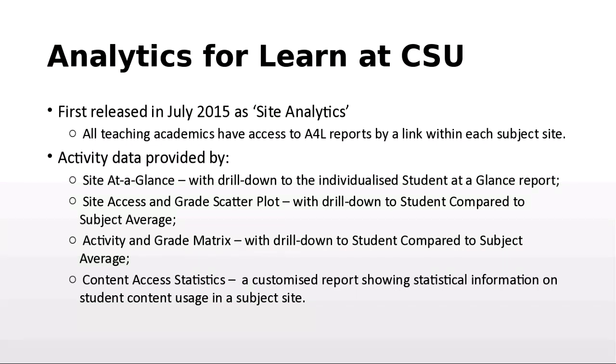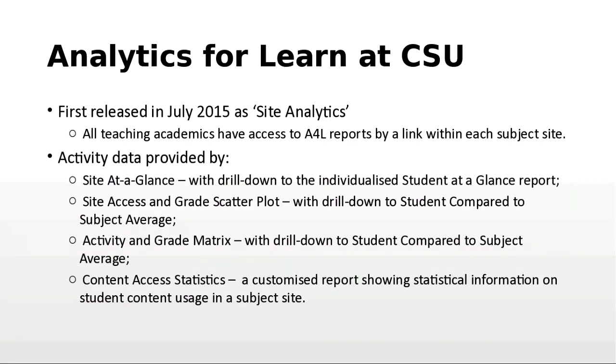So we have 5 reports, as you can see on the screen there: Site at a Glance, which some call Unit at a Glance or Subject at a Glance, and that can drill down to an individualized Student at a Glance report. We also have Site Access and Grade Scatter Plot, which drills down to the student as compared to the subject average.